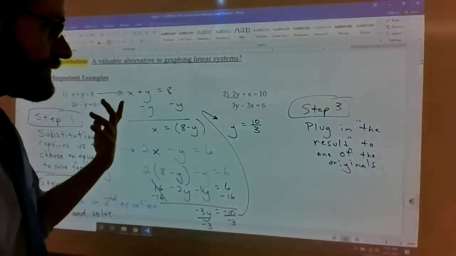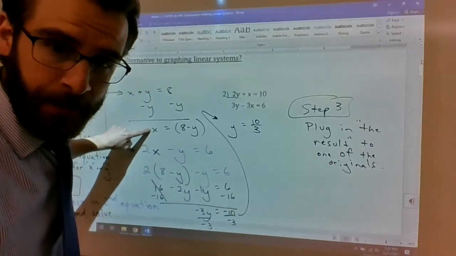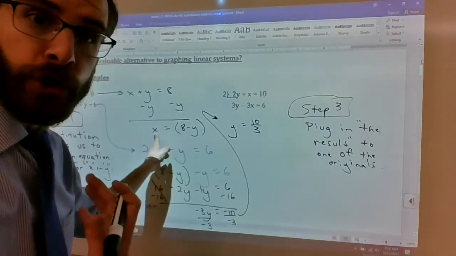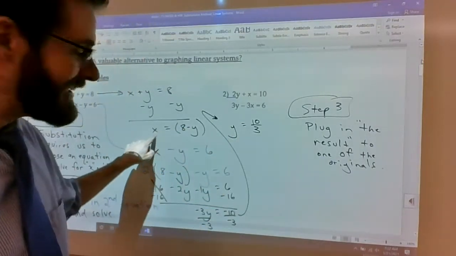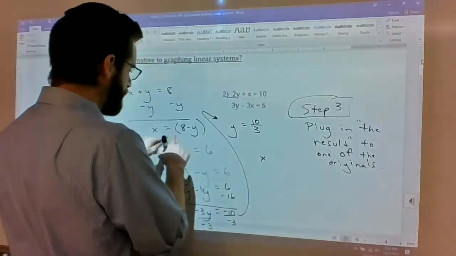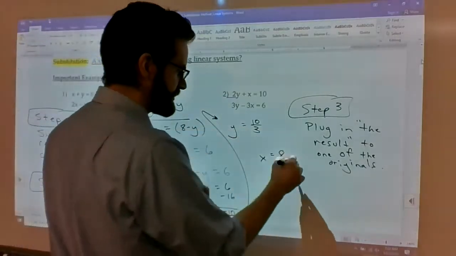All right. Now, here's a quick hint. This equation that you did in step 1 is always the most convenient because it already isolated the variable you're looking for. I need x. Hey, x is already by itself right here. So I am choosing this equation to plug in for y, 8 minus 10/3.